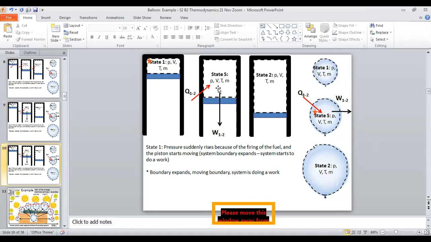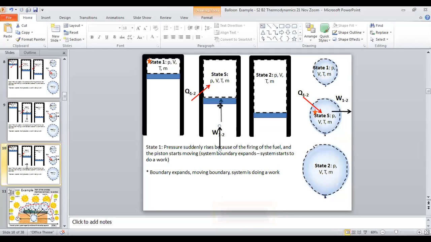No matter the actual expansion, from the sign convention point of view, we have to put W1,2 in this way.